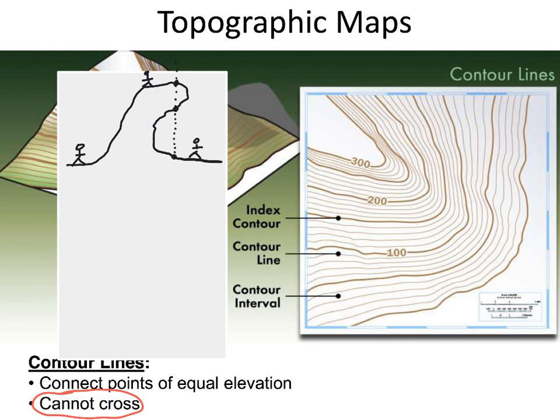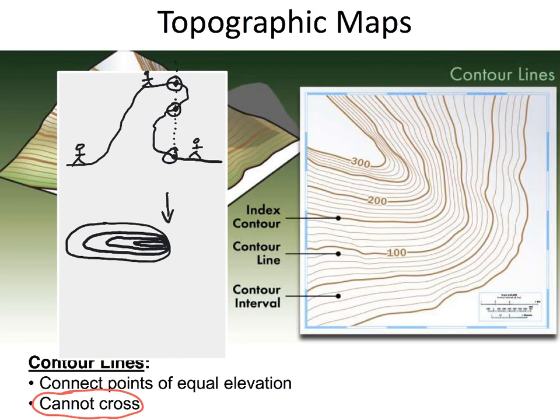So what would that look like theoretically on a topographic map? Well, you might want your topographic lines to cross in this instance because you have multiple points of elevation at the same point when you're looking at it from the sky. But what the topographic map would illustrate for this is something like that. So it would just look like, from a topographic map perspective, like you have a very steep drop in that region.